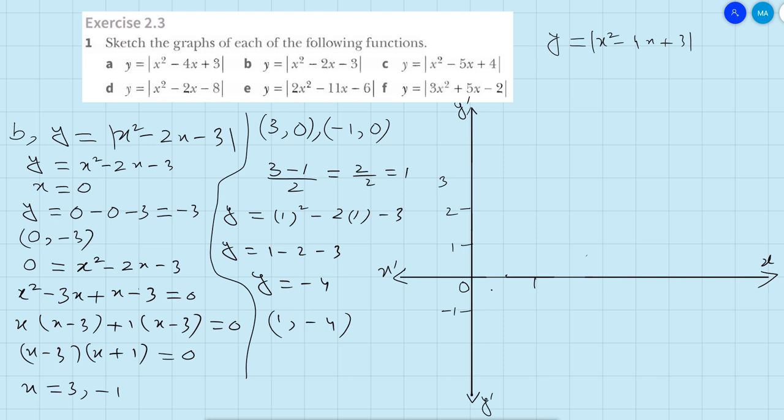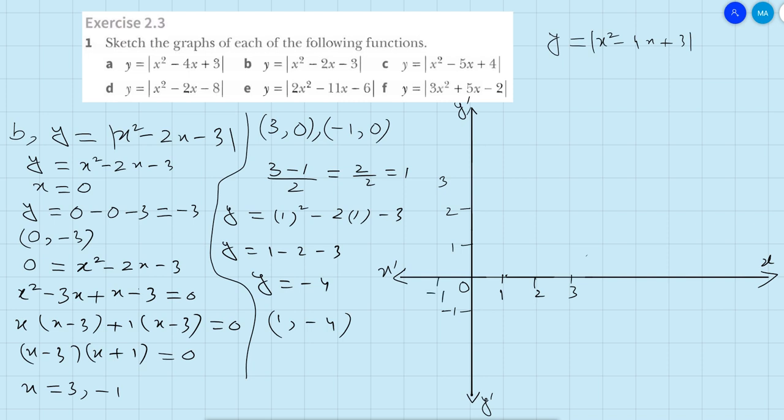So again we can take 1 square is 1. This is 1. This is 2. And this is 3. And this is minus 1.